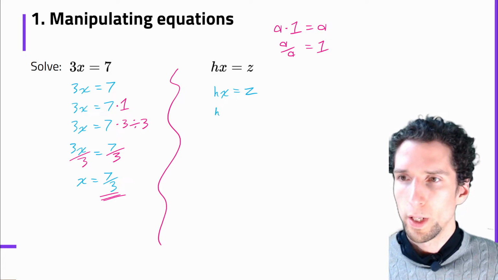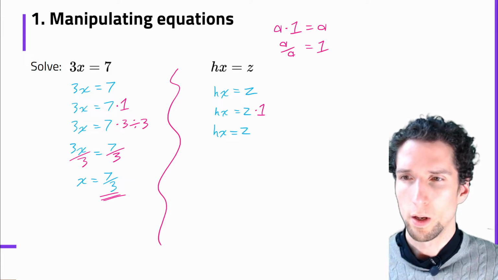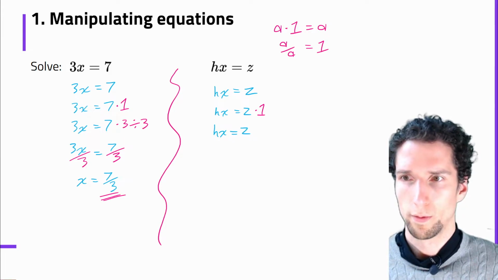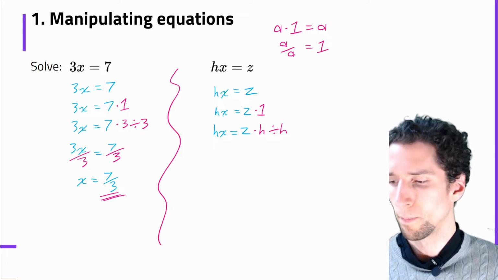So hx equals z times 1, times h divided by h, and then we'll just move one of these to the left, still keeping our balance here.